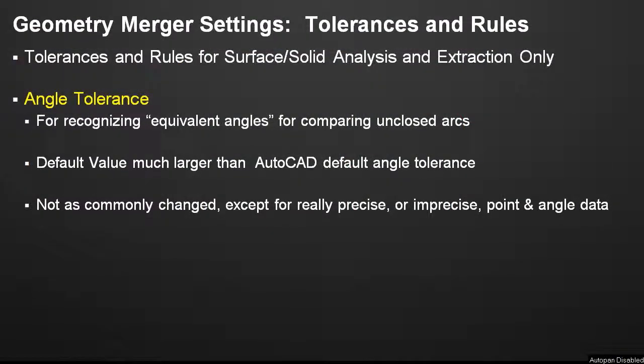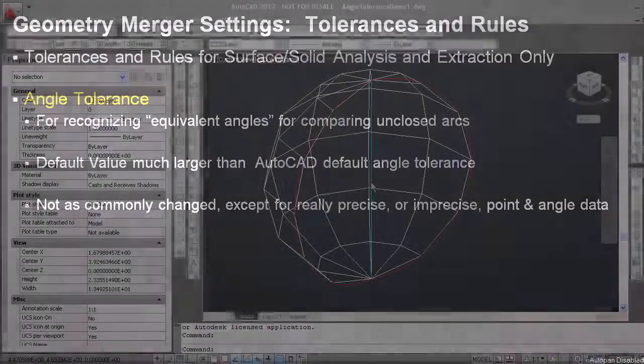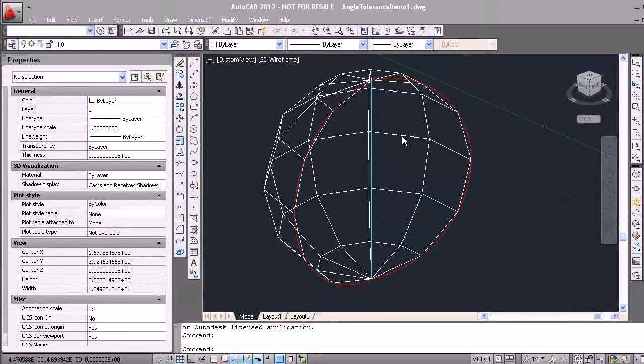The angle tolerance value has a rather narrow scope of usage compared to the geometric fit tolerance, but it is related. It is used when comparing the starting and ending angles of different arcs for equivalence. In this set of faces, the merger will find the unclosed arc profiles wrapping from one edge of this potential revolution to the other.